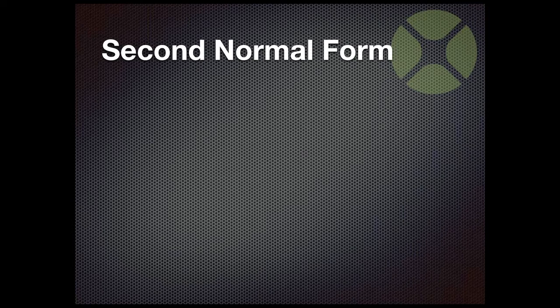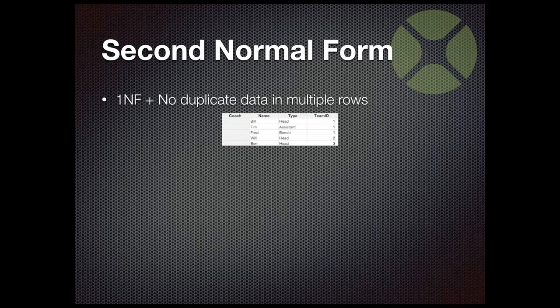Now, second normal form means that you've achieved first normal form for your database, plus you no longer have duplicate data in multiple rows. This particular table here has sample data being displayed. So you can see the names of the coaches and the types and the team ID they refer to. And you can see here the types are repeated. Head for head coach is used in multiple places.